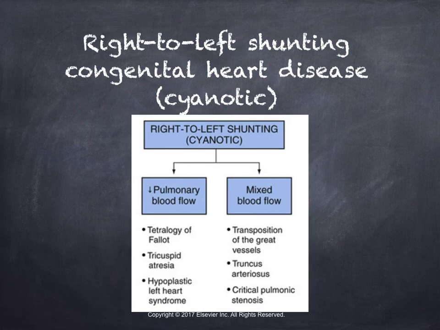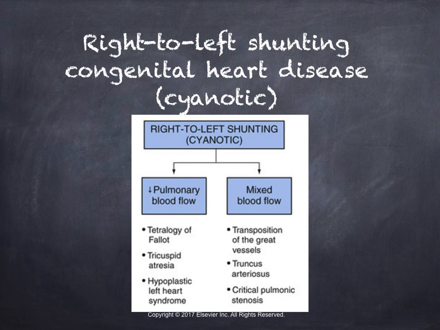Okay, so the cyanotic defects have decreased pulmonary blood flow, and those include tetralogy of Fallot, tricuspid atresia, and hypoplastic left heart, and some mixed lesions as well. So these are less common, they're more life-threatening, and they are dependent on mixing of blood for survival initially.